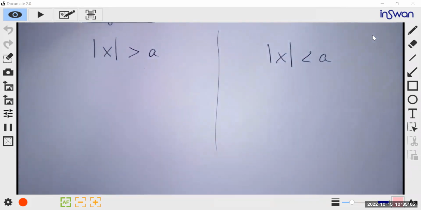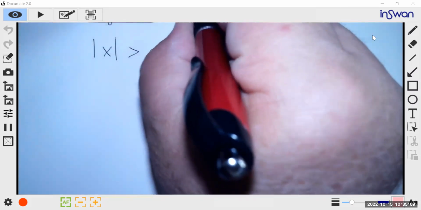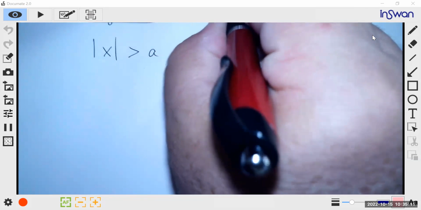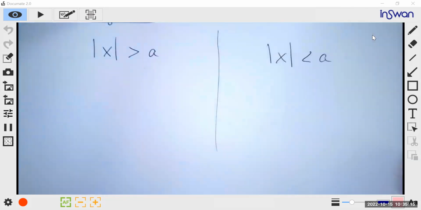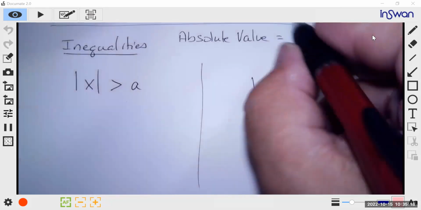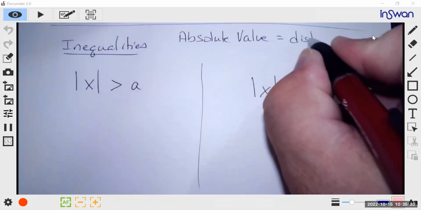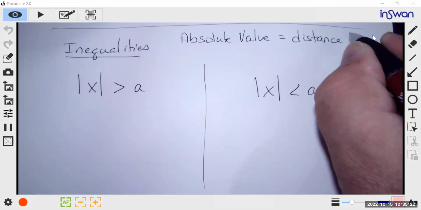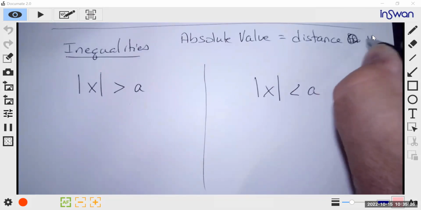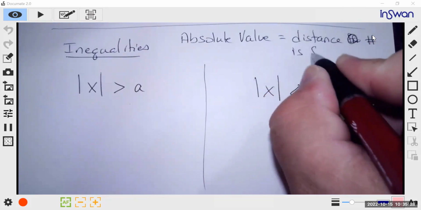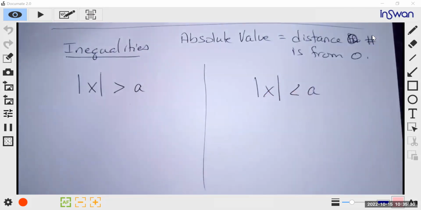Let's define what absolute values really mean. An absolute value really means the distance a number is from 0.